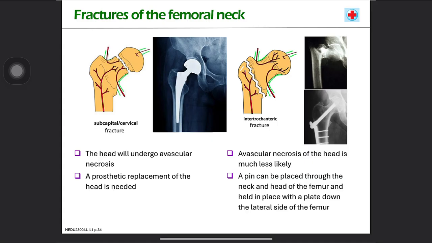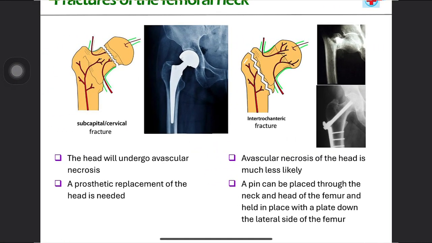Okay, so for this one, say this is the subcapital fracture. It will very likely undergo avascular necrosis. So that's why the prosthetic replacement of the head is needed. This one is called the total hip replacement. And for this one, because it is the intertrochanteric fracture, you see that the retinacular arteries are still intact.